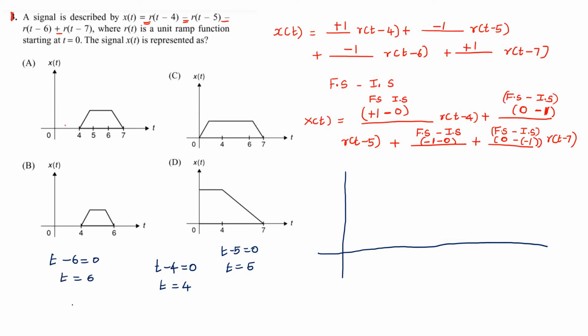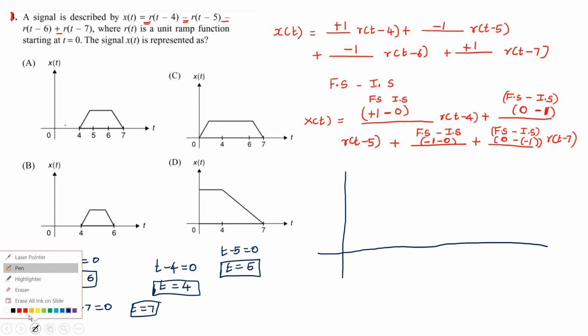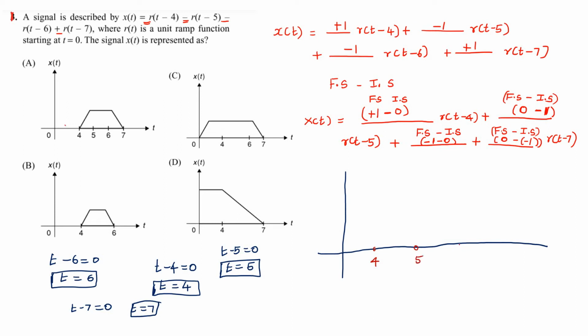In a similar manner, t-7 = 0, so t = 7. At 4 points the signal changes occur, that is 4, 5, 6 and 7. So first of all, I am going to mark the points here. This is 4, then 5, 6 and 7. Then I am going to draw the signal waveform.